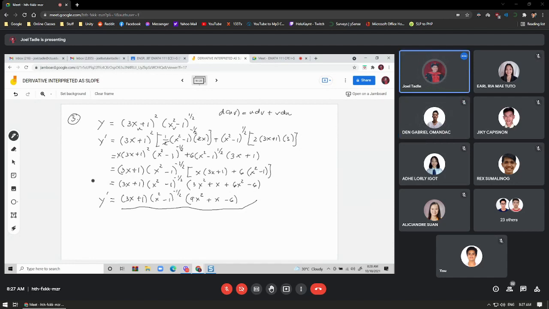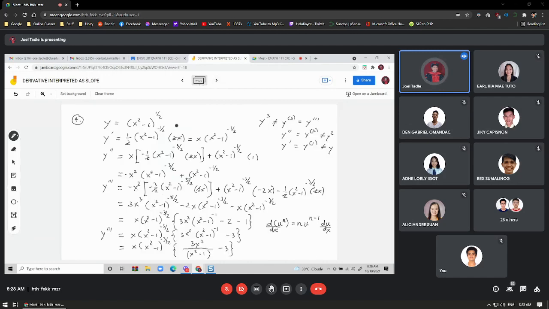Okay, so arita sa number 4, no? Item number 4. So, mao ni siya ang given function quantity x squared minus 1 raised to the power 1 half. Nya, ang ipangita nato diri guys is the third derivative.